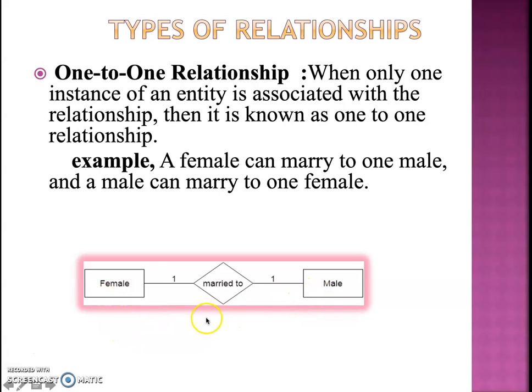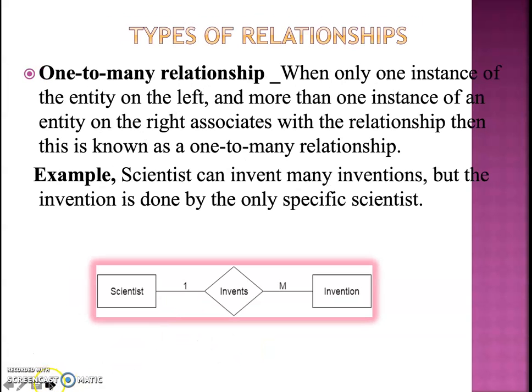One female marries one male. So married to is a relationship which is called one-to-one, which can be represented as 1 and 1 written here.